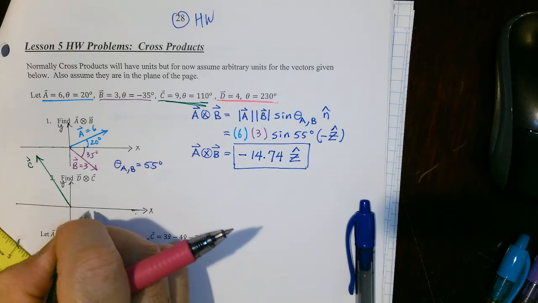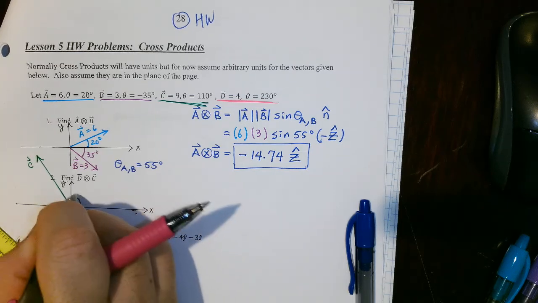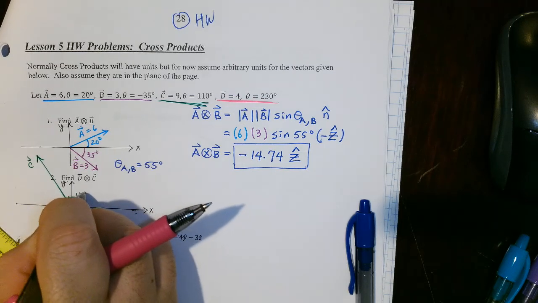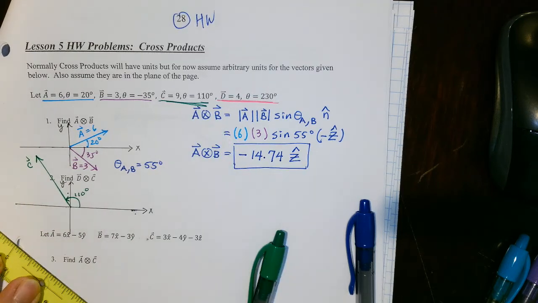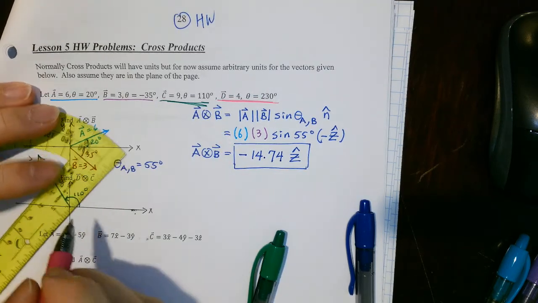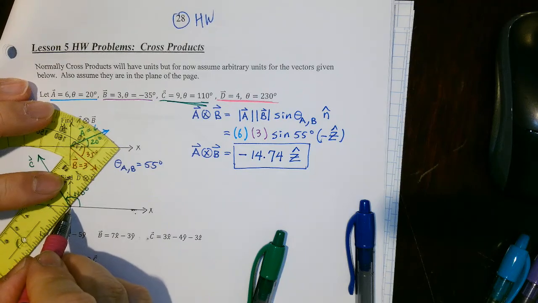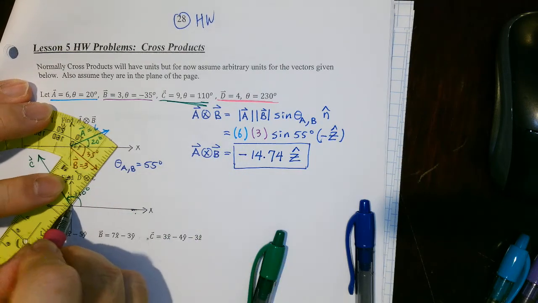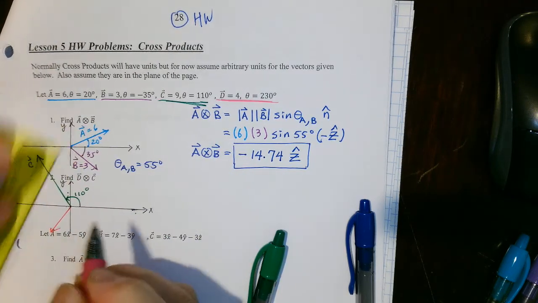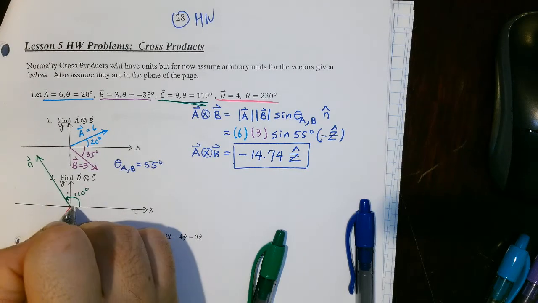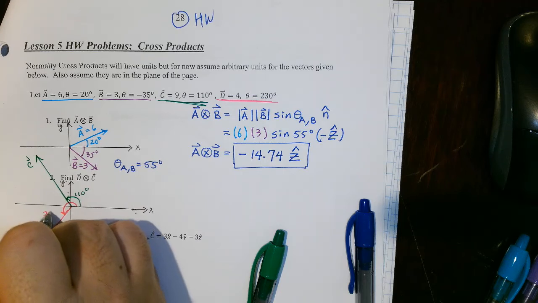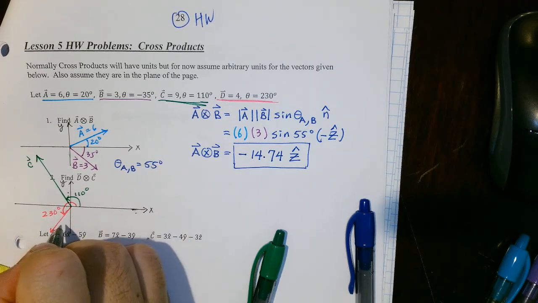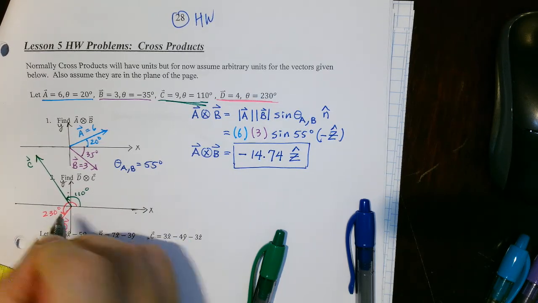And this angle is 110 degrees, right? And then my D vector happens to be 4 units long, and it's 230 degrees, so it's in the third quadrant. And this angle here is 230 degrees, and that's my D vector.